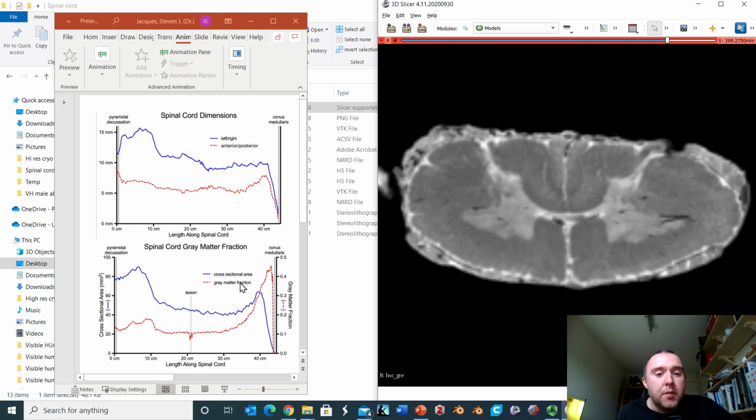And furthermore, we can see that at around about this level, it has a high cross-sectional area. In fact, it's got the highest cross-sectional area of anywhere along the cord. And also we do see in the red line that there is a higher fraction of grey matter at this level, corresponding to the segments that feed into the brachial plexus.